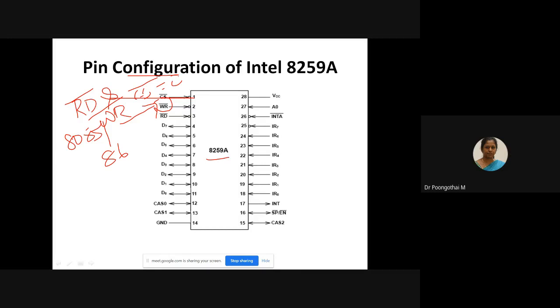It enables this 8259 to release the status, that is pending interrupt status, in-service interrupt status, and masked interrupt status onto the data bus. So it will read the status of 8259, and that information will be placed on the data bus. We have an 8-bit data bus, so this provides the communication between your 8085 or 8086 processor and 8259.